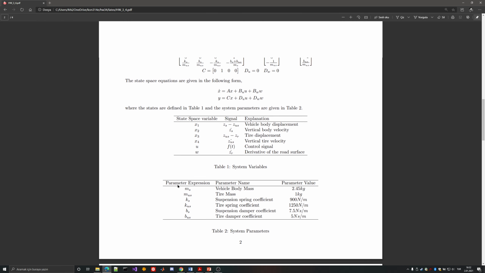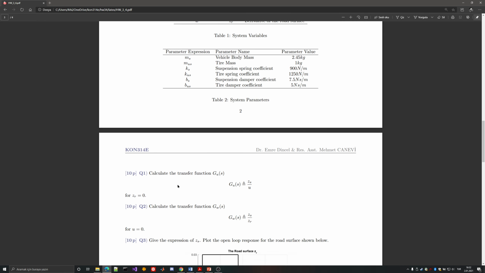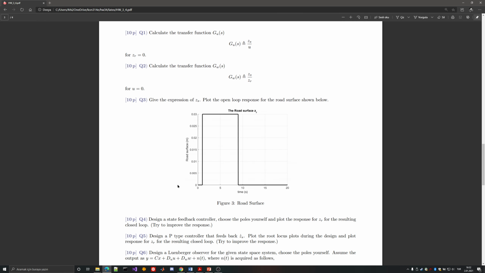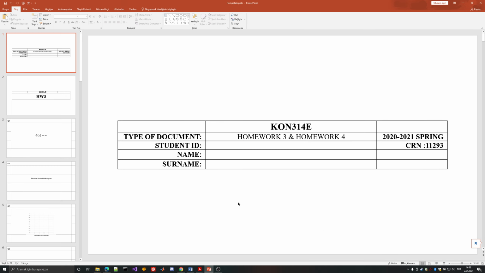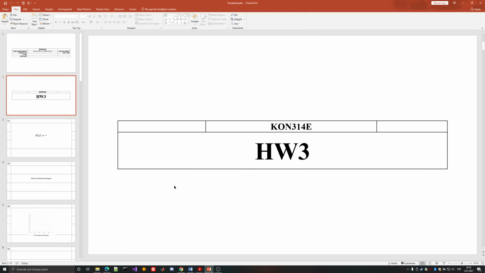So we have 2 homeworks. You will prepare 2 reports. You have templates in Google Classroom. And the last thing that I'm asking you is that I will upload also a template in PowerPoint, since we will not have any sessions where we will ask you any questions, or since this is not a group project anymore. I want you to fill this template here. It has some homework 3 part.